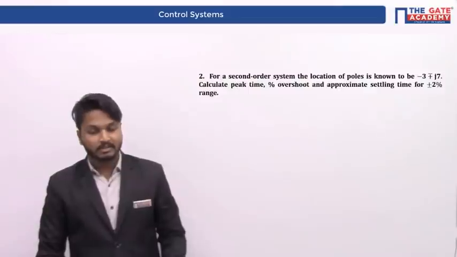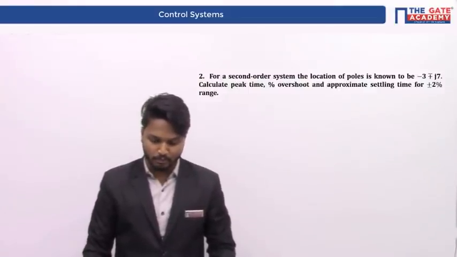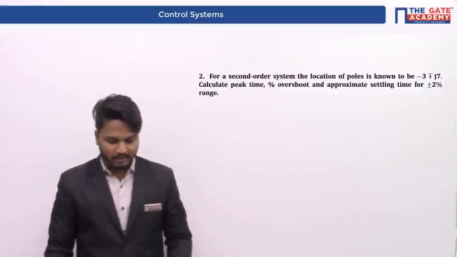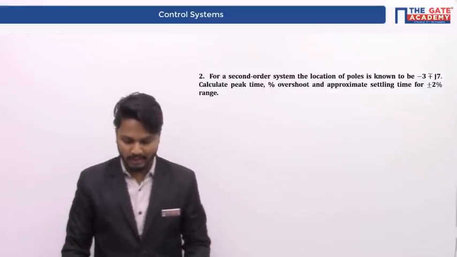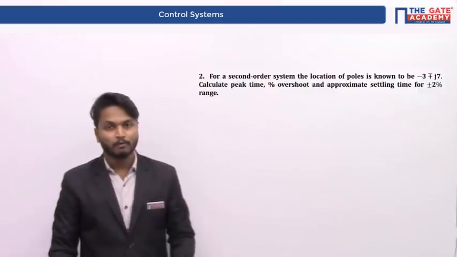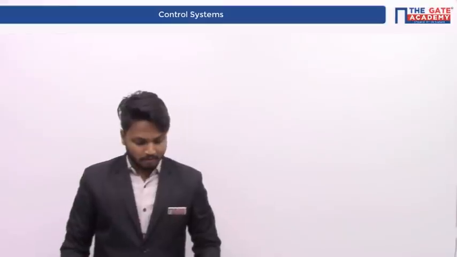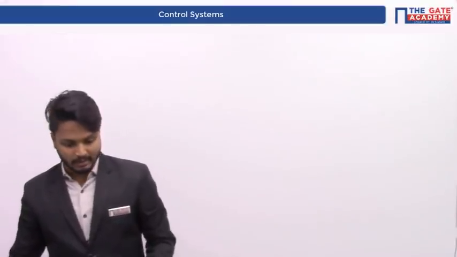For a second order system, the location of poles is known to be -3 plus or minus j7. Calculate the peak time, percentage overshoot, and approximate settling time for plus or minus 2% range. So let's go through the solution, which is like this.